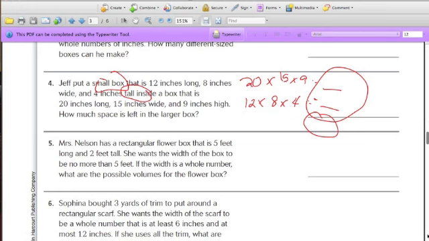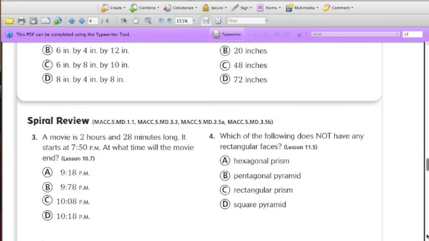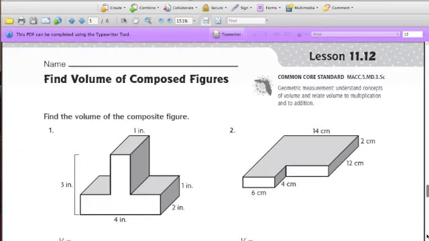And then the last thing I want to go over is down a little bit on finding the volume of composed figures. Of these three-dimensional figures, again, finding the volume is length times width times height.